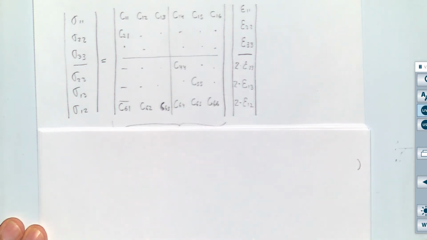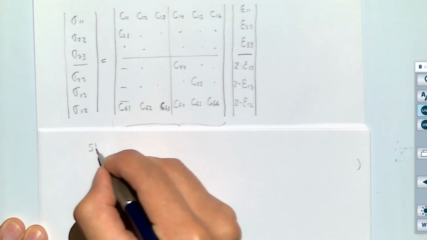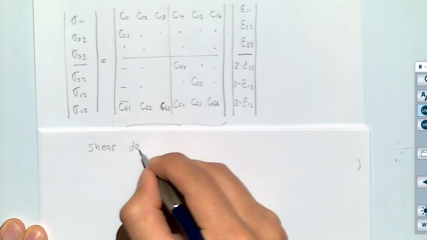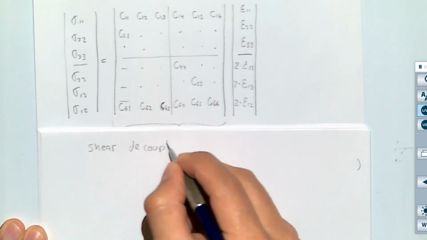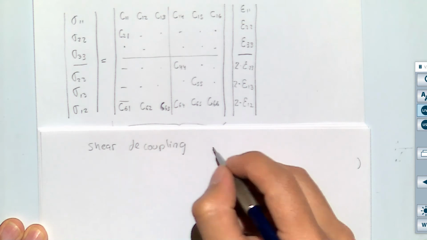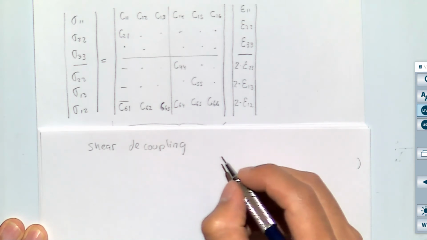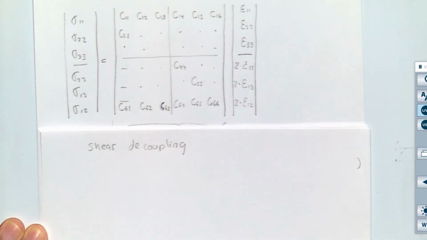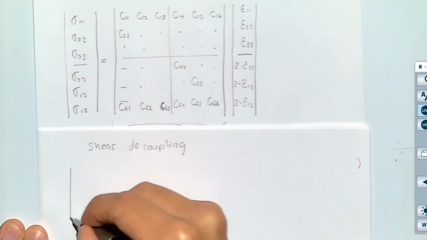Okay. So we're going to see that there is something which is called shear decoupling. And what shear decoupling means is that a shear stress cannot induce a normal stress, or but let me write it, because it's going to be clearer when I write it.